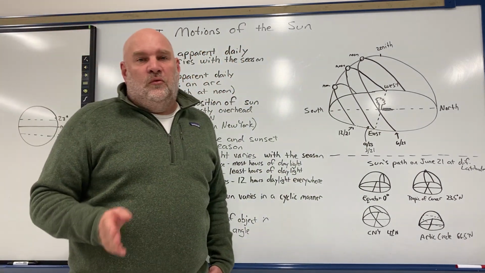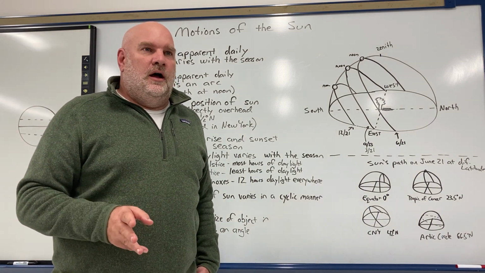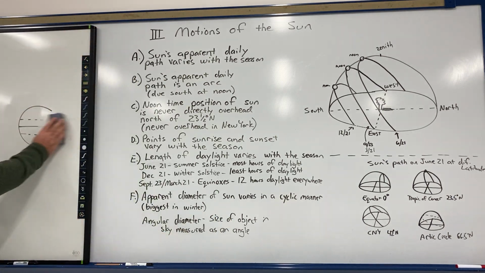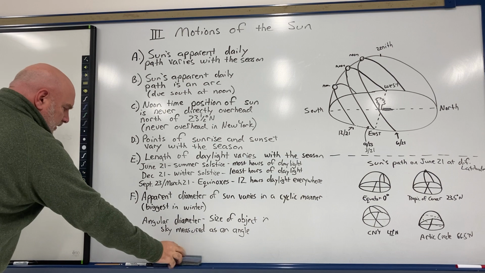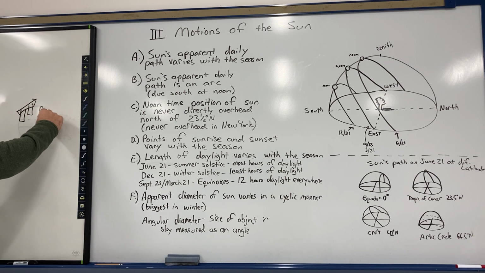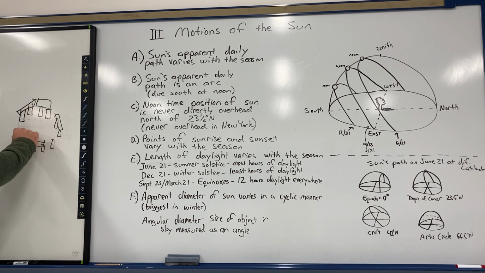Where the sun rises and where the sun sets is how a lot of early calendars were developed. And probably the most famous of the early calendars was the one that kind of looks like that.